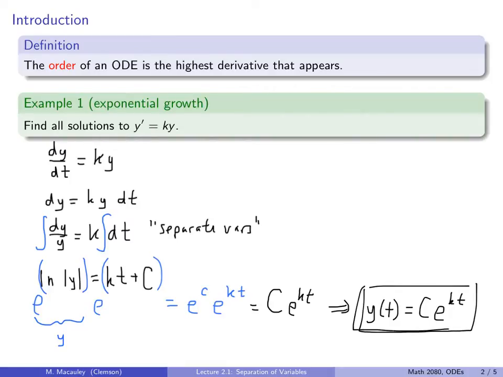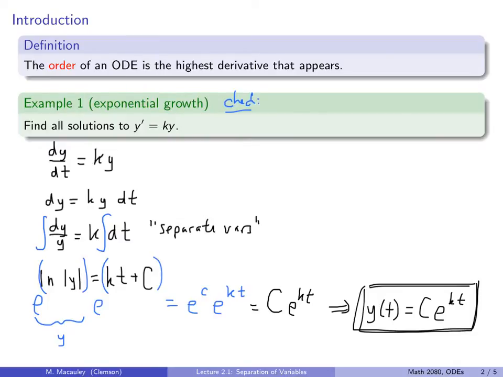And let's just check for a moment that this works. So I'll do that up here. Let's check. What does it mean for this to be a solution? Well, that means this function satisfies this equation, which means if you take the derivative of this function, y prime, you get the same thing as if you take the function and multiply by k. So does that happen?